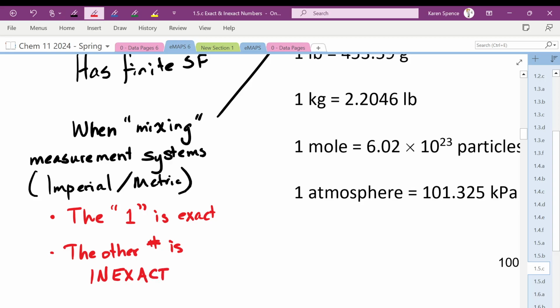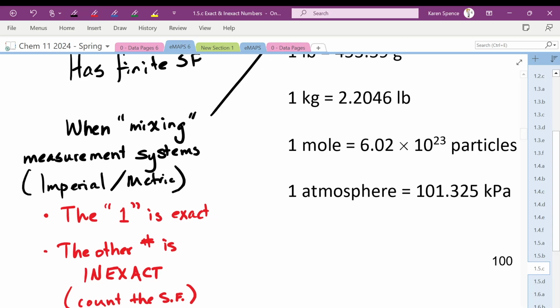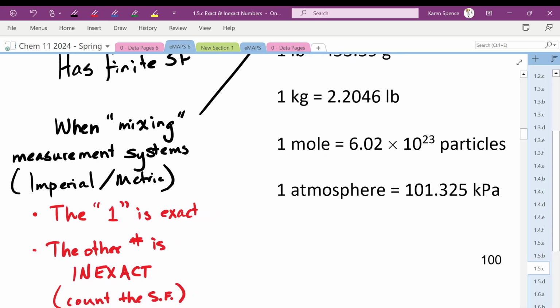So you will count the sig figs. If the 1 is exact, it has infinite sig figs.